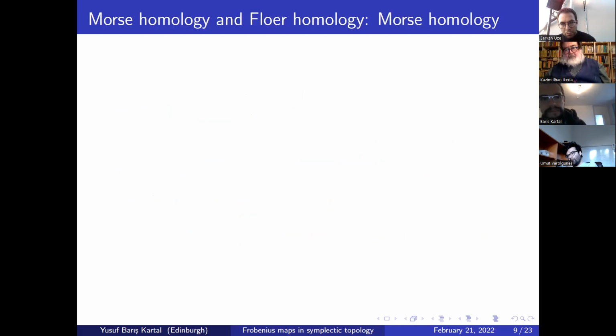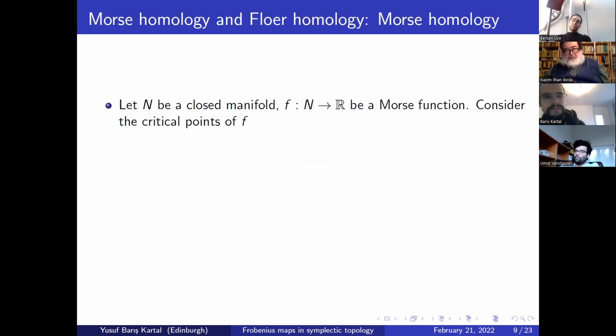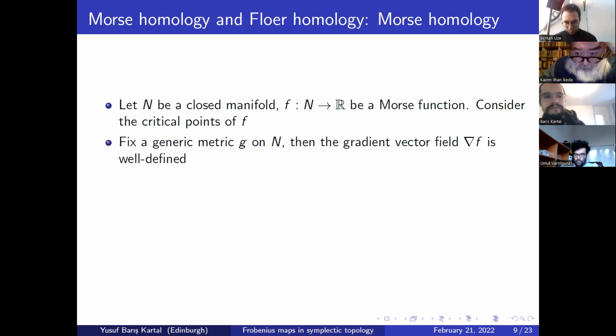So first I will discuss Morse homology, and Floer homology will be a lot easier once we see Morse homology. If you have a closed manifold N and a Morse function f on N, you can consider the critical points of f.